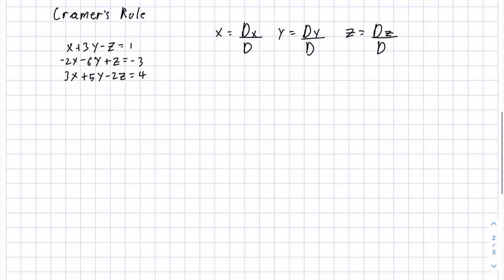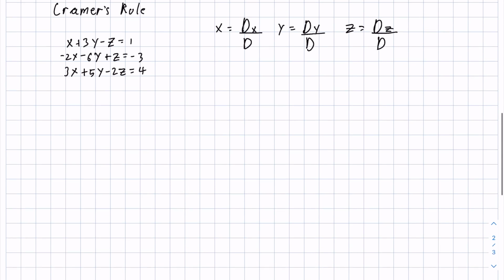No matter how many variables you have, you can always make it into this equation. If you have a w, it'll be equal to Dw over D, or something else, depending on what variable you have. So what is D and what is Dx, Dy, and Dz?